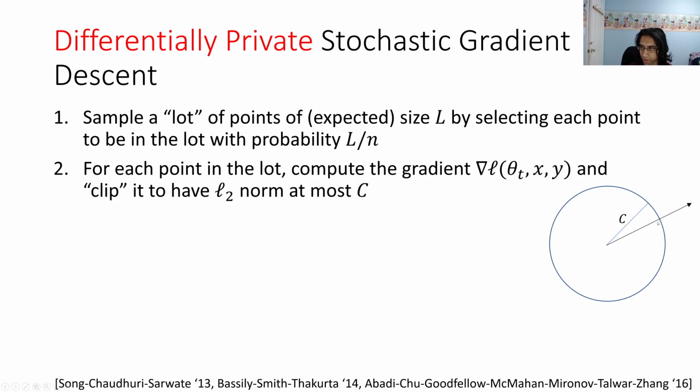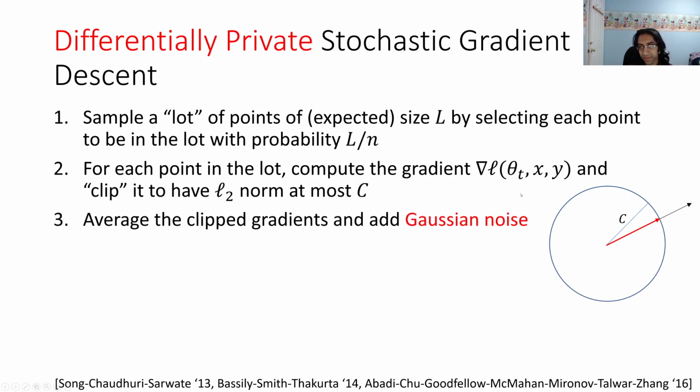Well, what we're going to do is clip that gradient and say, okay, you have to lie within this ball. And this is convenient for reasons which I showed you a few slides ago, where if we know that all of our gradients are going to be within this ball, then we can bound the sensitivity of the function, saying that we have sensitivity at most 2C.